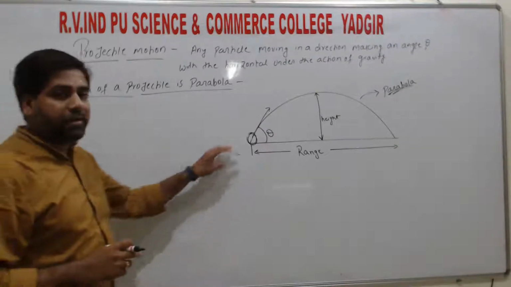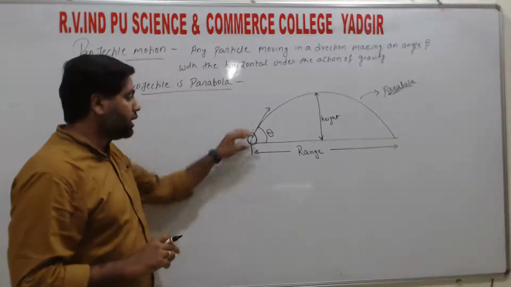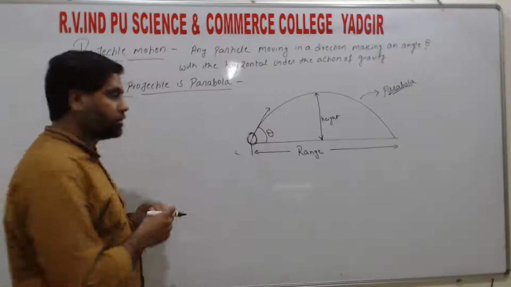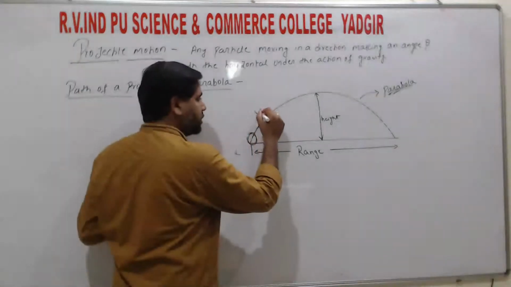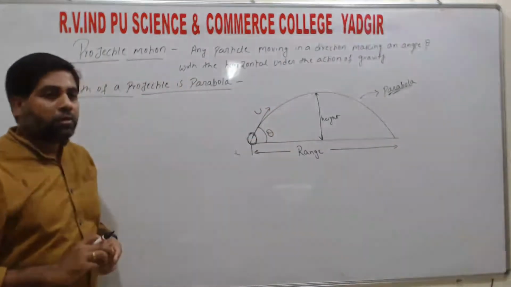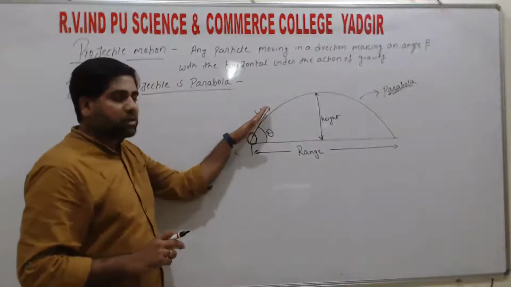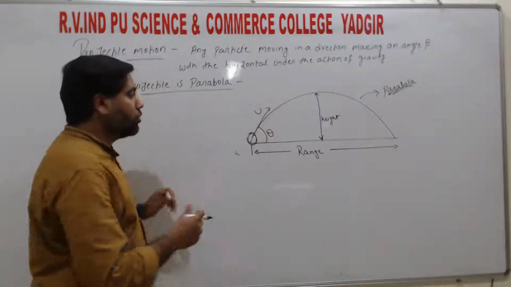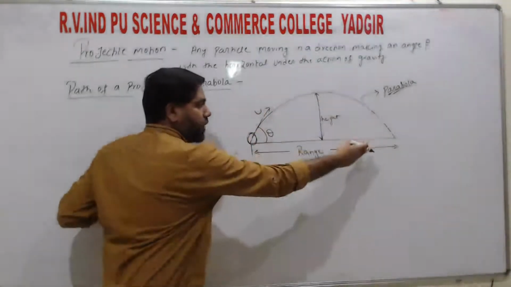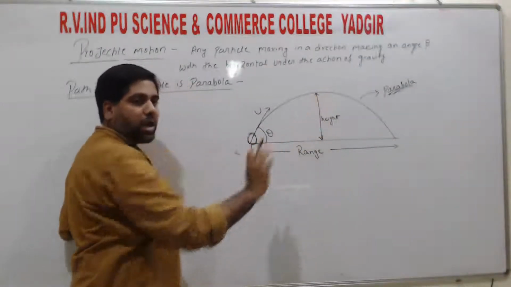Consider any particle thrown with some velocity. Take that velocity as u, thrown with a certain velocity. It covers the maximum range and some height, right?